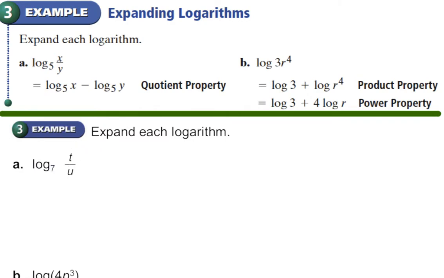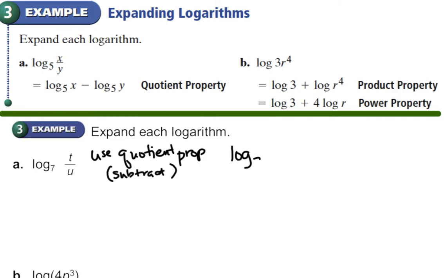We're going to use the quotient property, which means we're going to be subtracting. So we're going to have log base 7 of t minus log base 7 of u. And that's it. There's nothing else left to do.